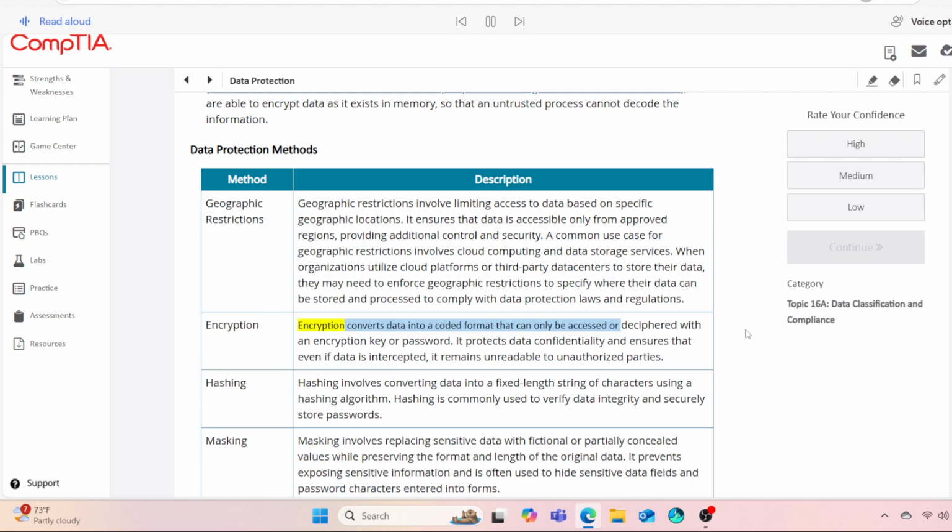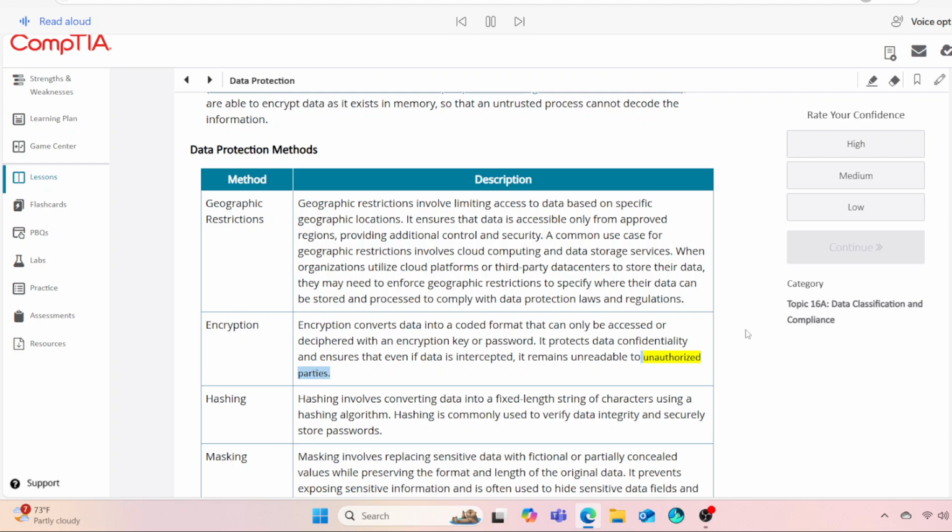Encryption. Encryption converts data into a coded format that can only be accessed or deciphered with an encryption key or password. It protects data confidentiality and ensures that even if data is intercepted, it remains unreadable to unauthorized parties. Hashing. Hashing involves converting data into a fixed-length string of characters using a hashing algorithm.